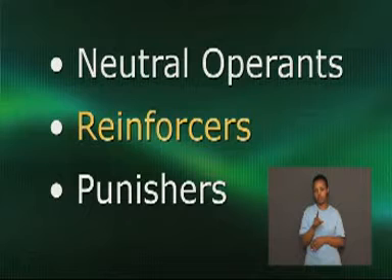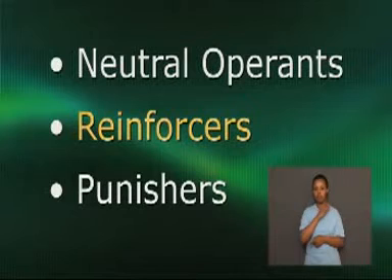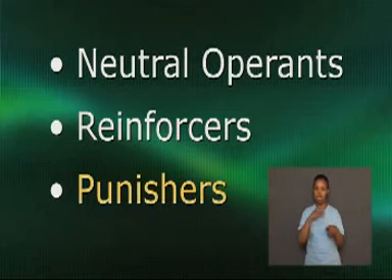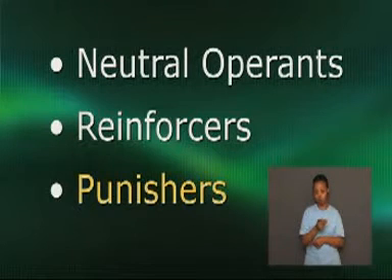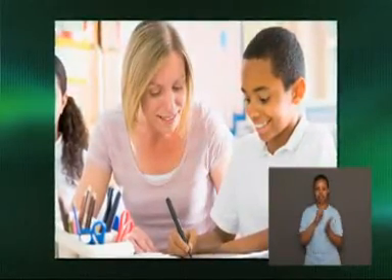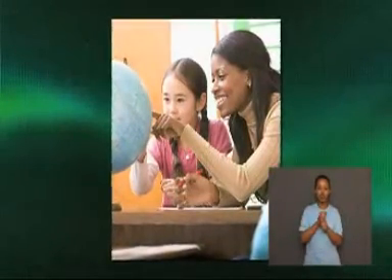Reinforcers are responses from the environment that increase the probability of a behavior being repeated. Punishers are responses from the environment that decrease the likelihood of a behavior being repeated. In the example we discussed earlier about children getting rewards for completing their homework, that would be considered a reinforcer.